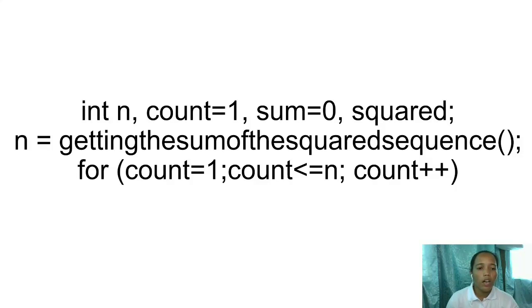Inside the curly braces are the int n, count equals 1, sum equals 0, squared, semicolon. n equals getting the sum of the squared sequence, open and close parenthesis, semicolon. For open parenthesis, count equals 1, semicolon, count less than or equal to n, semicolon, and count plus plus close parenthesis.